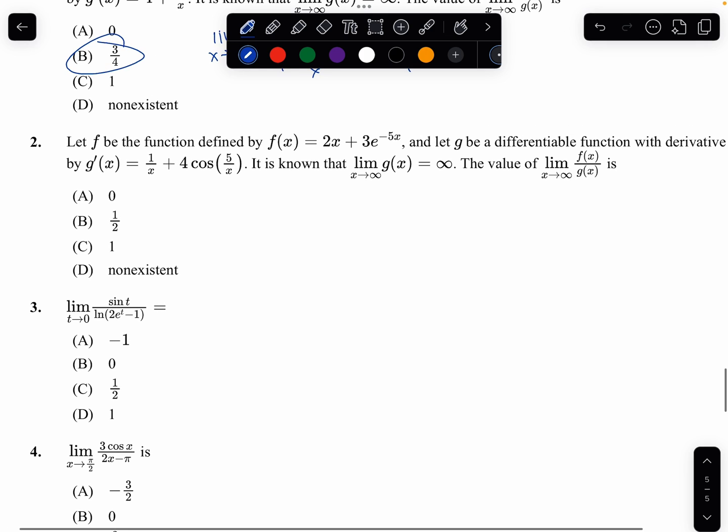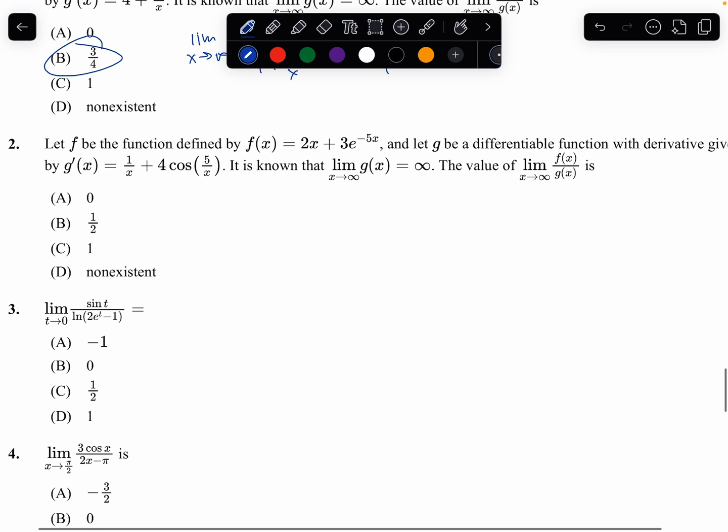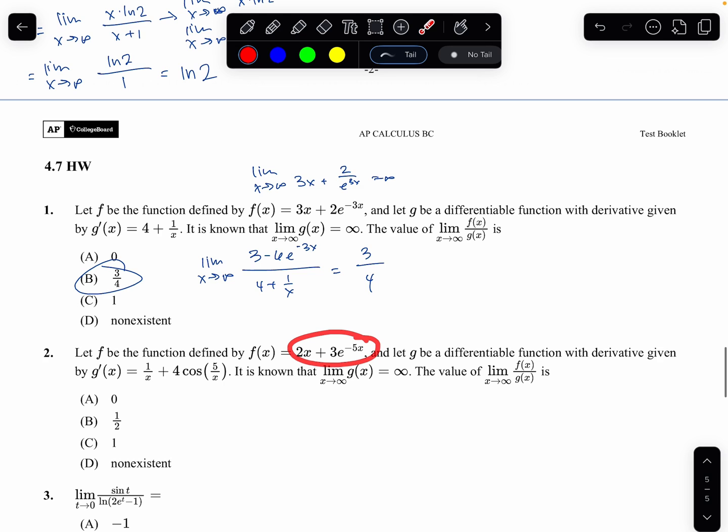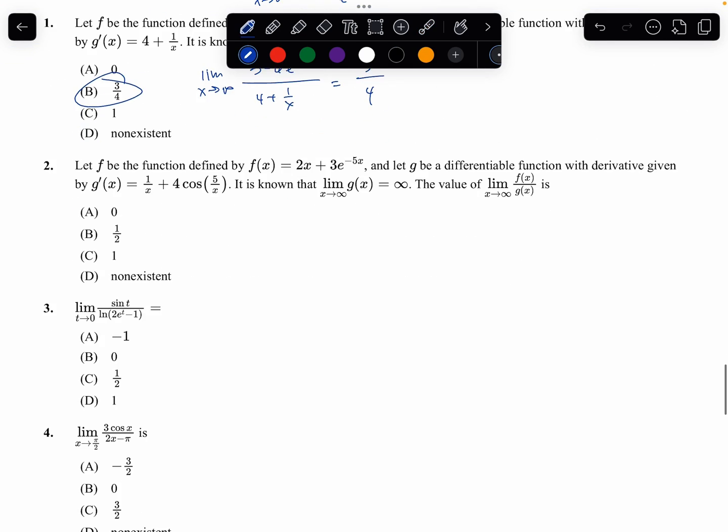All right, for 2, we have a very similar problem. And I wouldn't be surprised if the answer is, well, actually, I can't make any judgment, so we'll find out. You can see that we know the limit of the denominator is infinity. Since it's the same exact type of problem as the one before, it'll also be infinity, so we can use L'Hopital's rule.